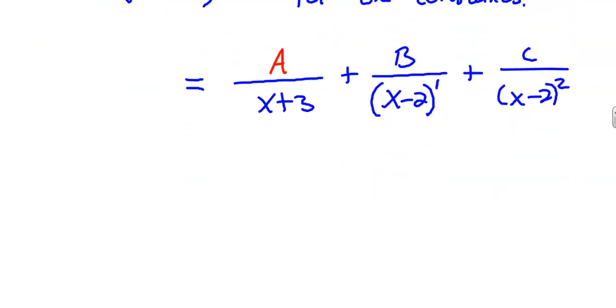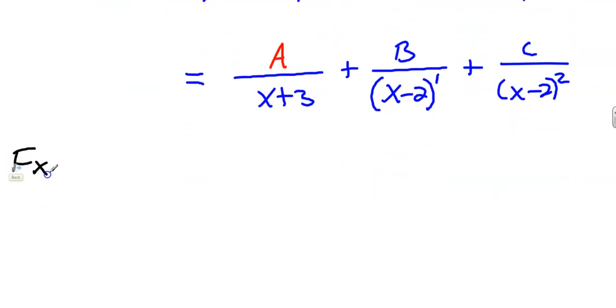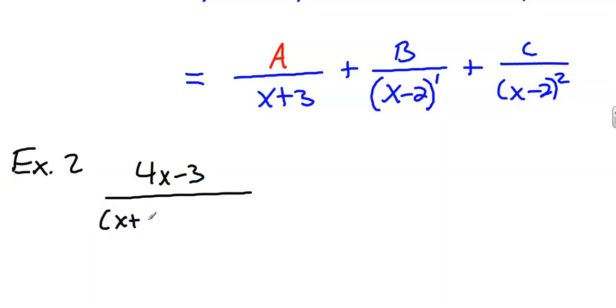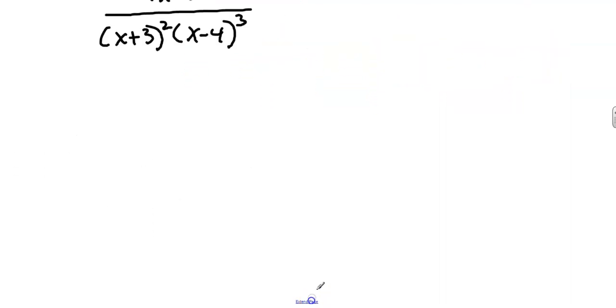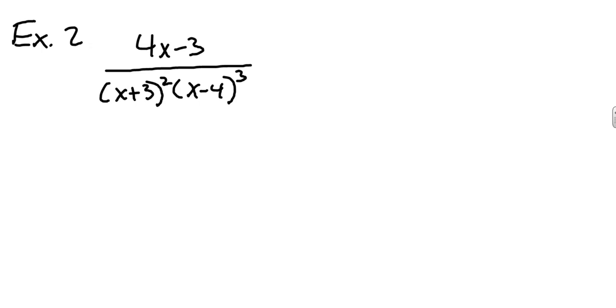We could do another one just real quick, just to get the idea of it here. So we put in 4x minus 3, over x plus 3 squared and x minus 4 to the third. Okay, so they ask you to expand.